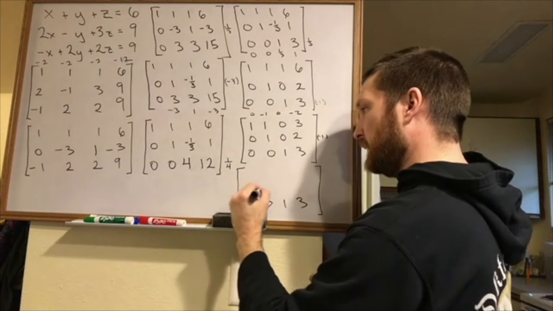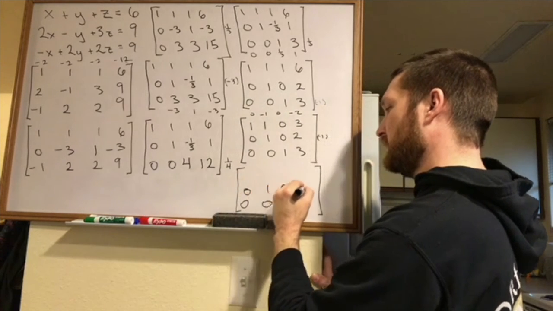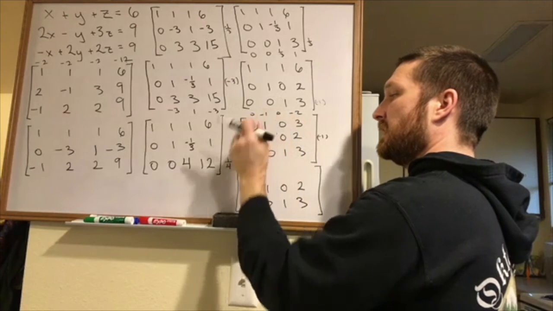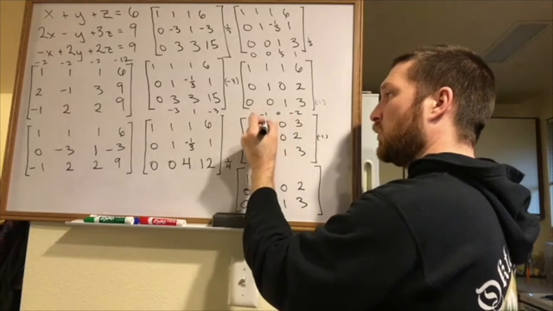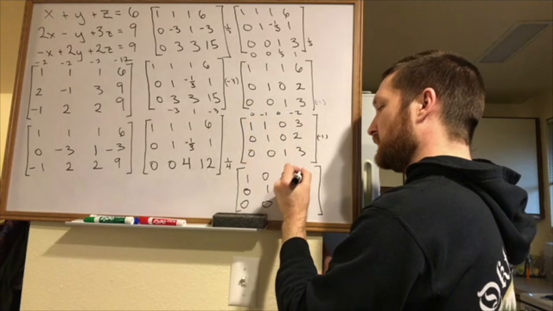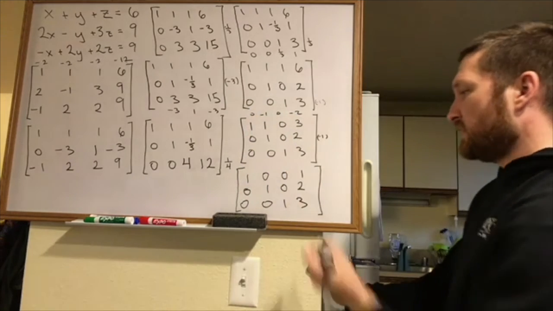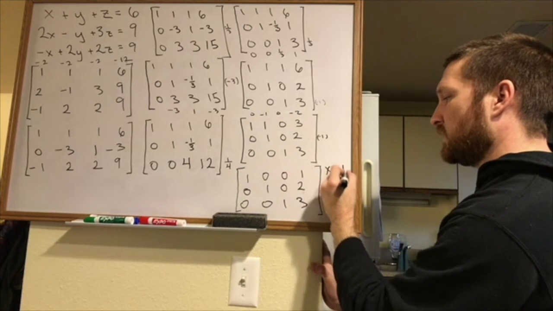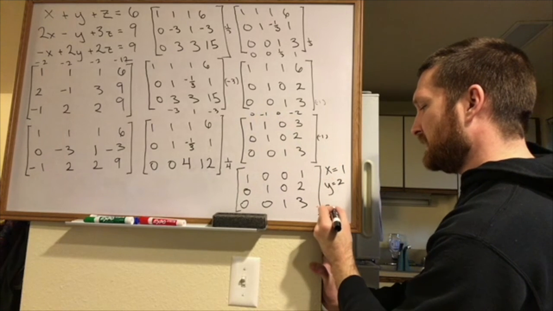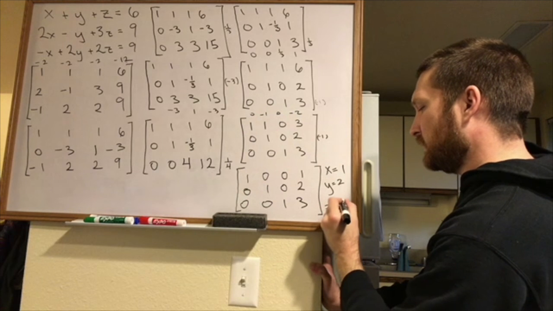The middle row is not changing. Now the top one, I'm going to add there, we get the 1. The 1 and the -1 make a 0, and then 3 minus 2 is 1. So we find that x is equal to 1, y is equal to 2, and z is equal to 3.